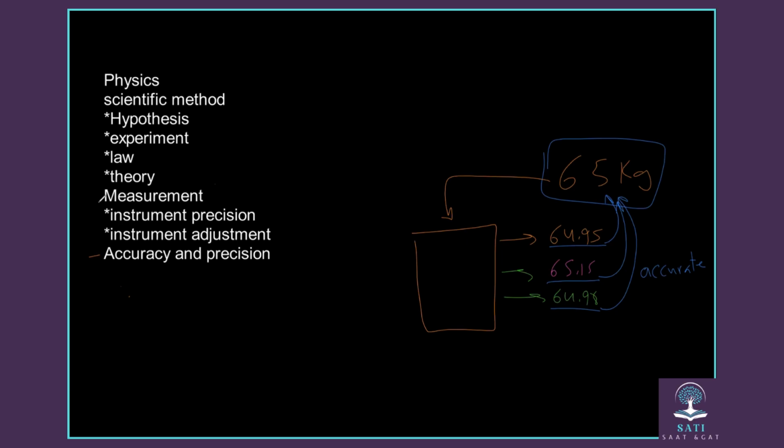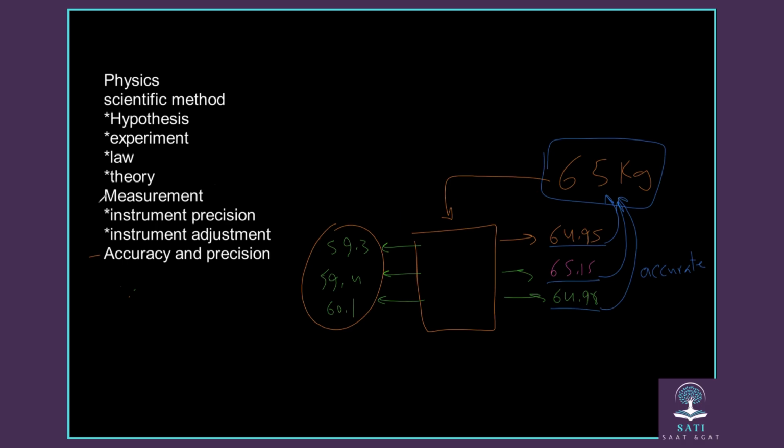Okay, now how do we know if it is precise or not? Okay, if it gives me, for example, values like 59.3, then it gives me another value like 59.4. Then it gives me another value like, for example, 60.1. So in this case now, as you see, these values are close to each other, but they are not close to the actual value.